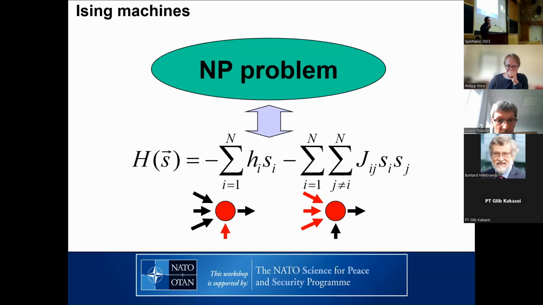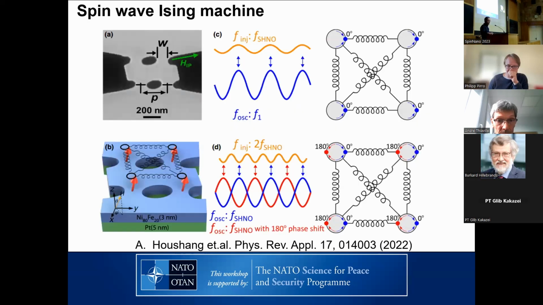They can be up or down, so they have two distinct states. And here we have the same idea. We have oscillators synchronized by an external signal, and they have two distinct states regarding phase.